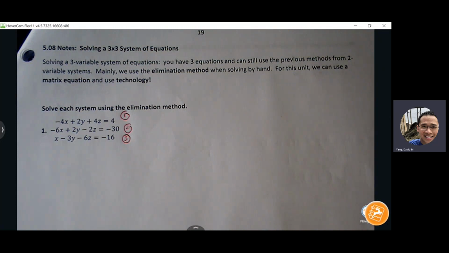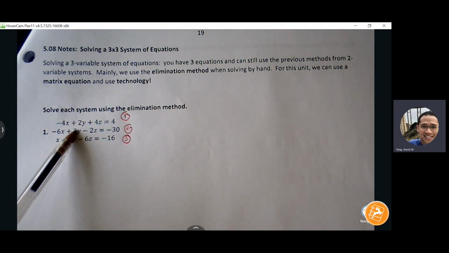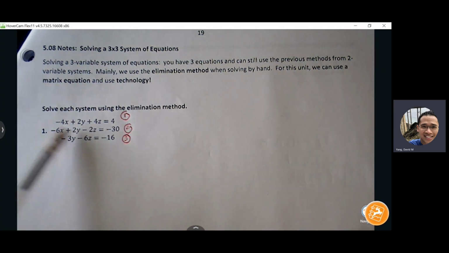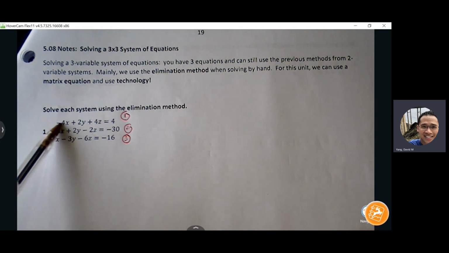Okay. Now we can always try to eliminate any of the 3 variables, either the x, the y, or the z. So it looks like the x's and the z's will be the easiest to do, because for the 2 and 3 with the y's, we have to make changes for both of these numbers to get to 6. But if I can target the x's, I'm going to do 2 at a time.